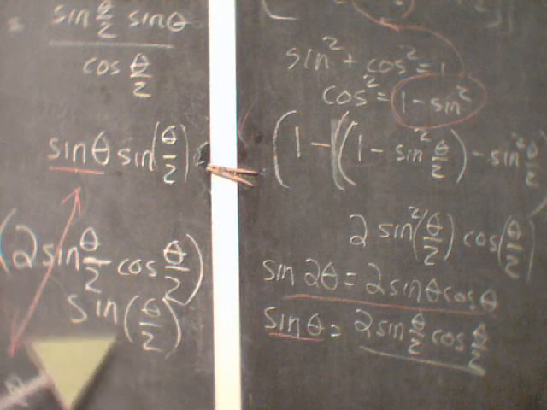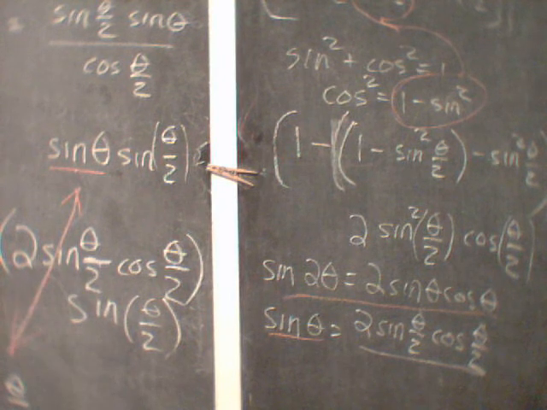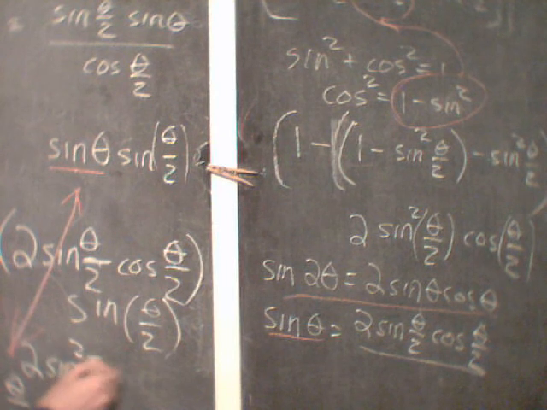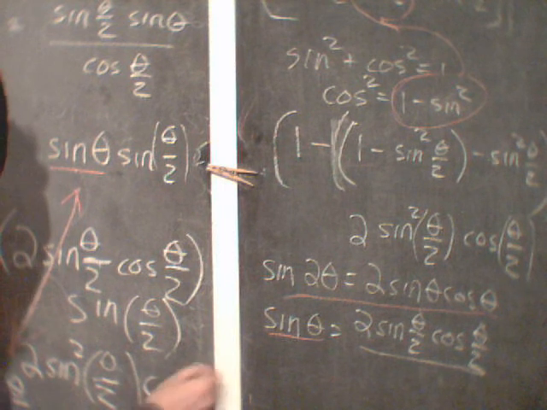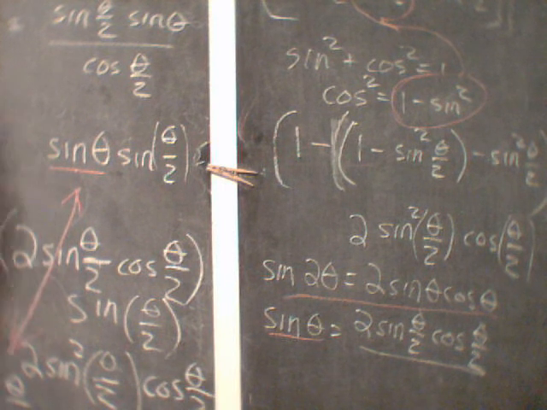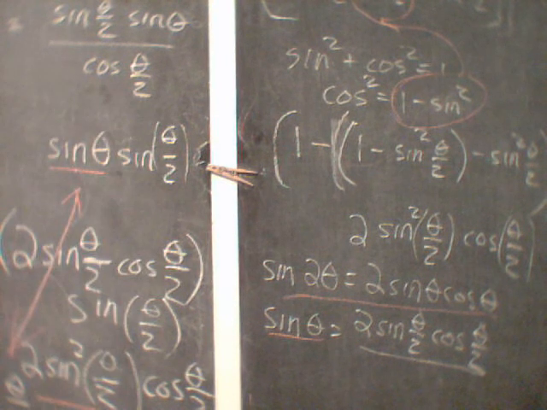This is all one big long term. So we get a sine squared theta over 2. So we get 2 sine squared theta over 2 times cosine theta over 2. And therefore, that's the final result there.